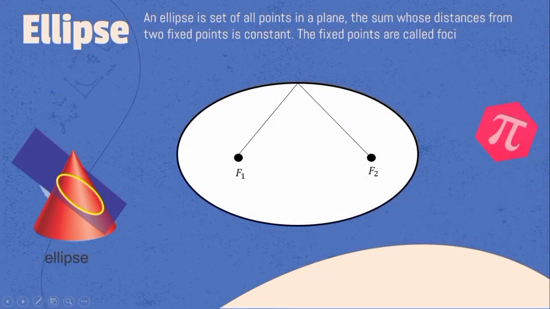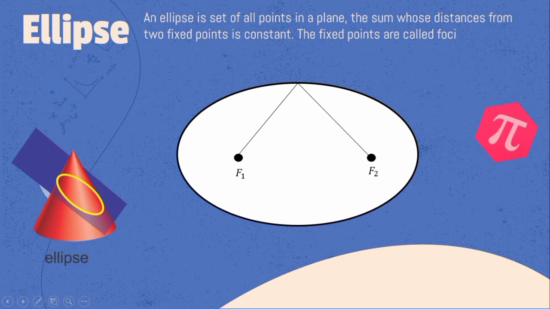Now going back to our definition, these 2 points that are fixed are called foci, or in singular form, focus. So if we have here 2 fixed points, focus 1 and focus 2, the sum of their distances from a given point is constant.